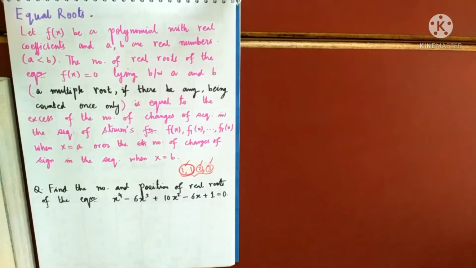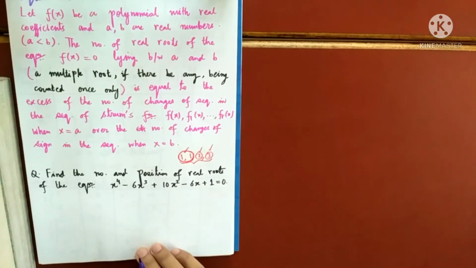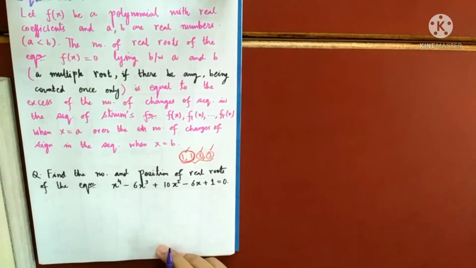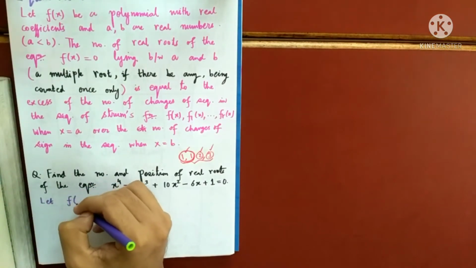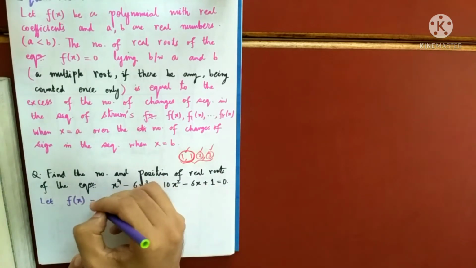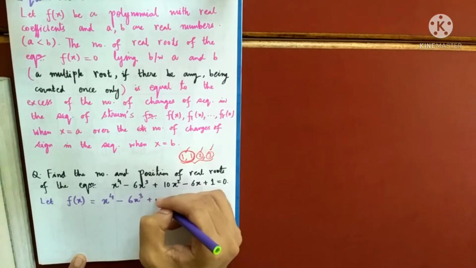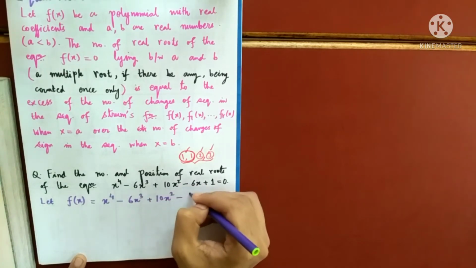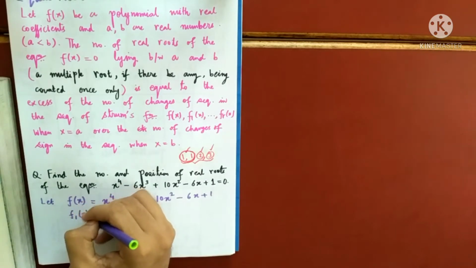Okay. So you know the rule, how to start. The first rule being, we take that as some polynomial f(x) and find its derivative. So let f(x) equal this. Let's find its derivative. I'll call that f1(x).